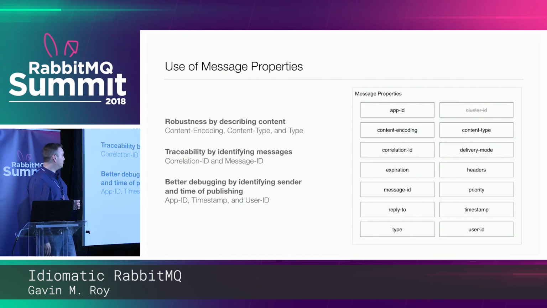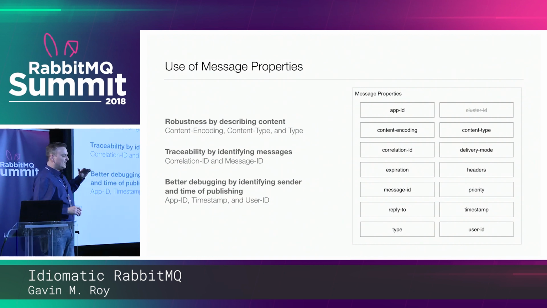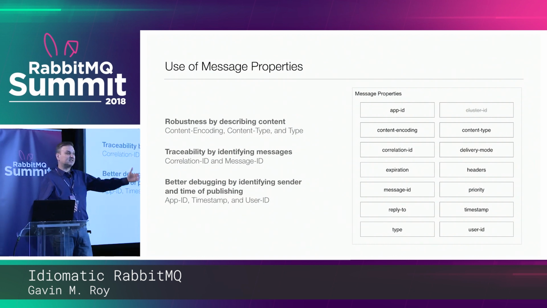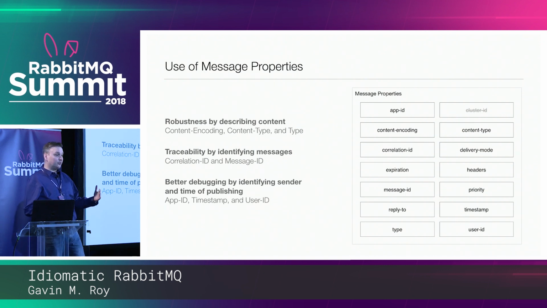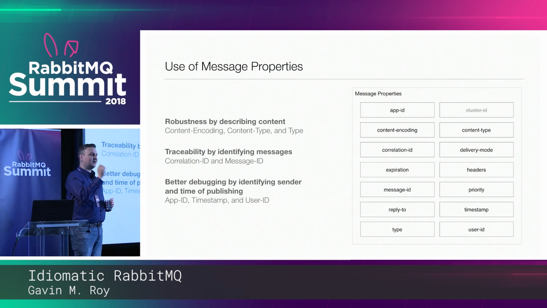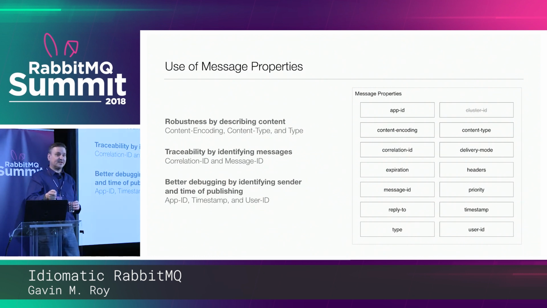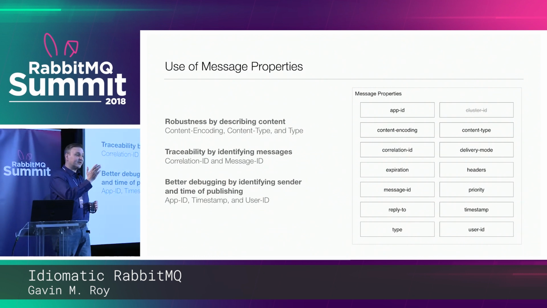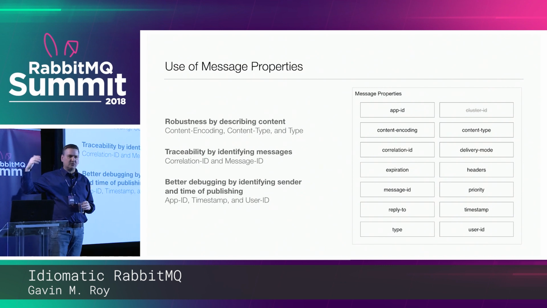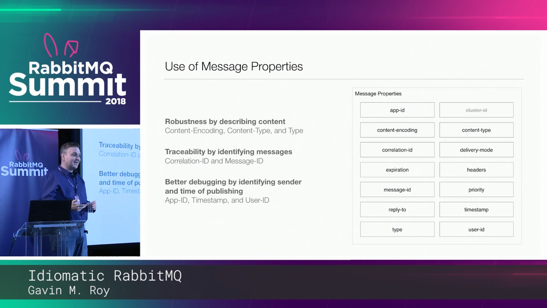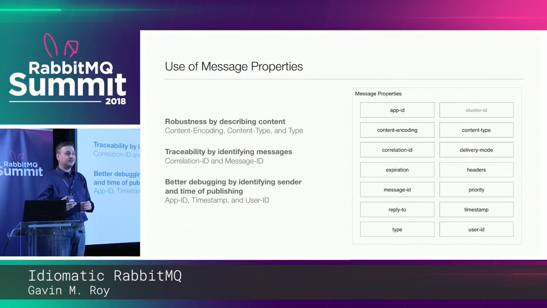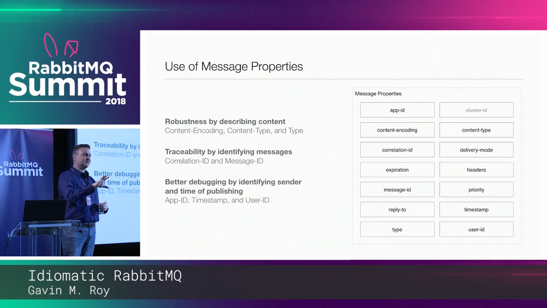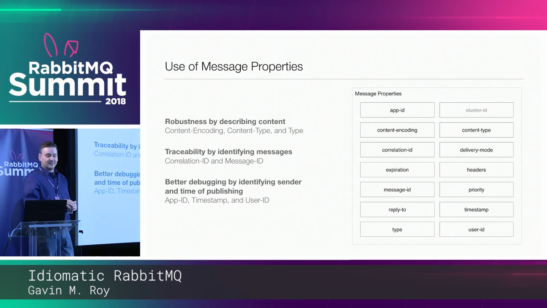So using message properties, basically if you declare, instead of implicitly relying on application behaviors, that you're compressing them or whatever it is you're doing from an encoding perspective, you're specifying the content type, you're allowing consumers of those messages, no matter what the consumer is, something written in Go, Erlang, Python, Perl, PHP, Ruby, whatever it is, it should be able to know by looking at the content type explicitly how to deal with the way that the content is serialized or stored within the message body.